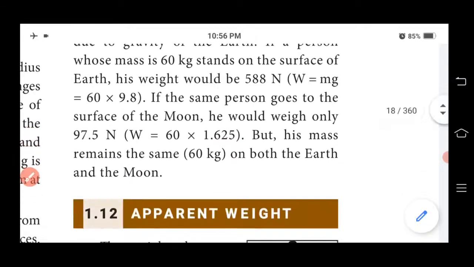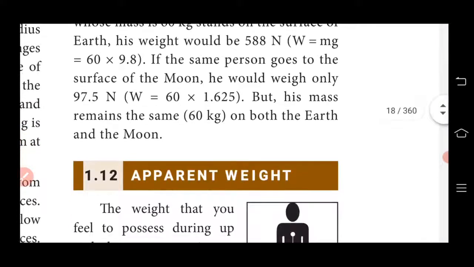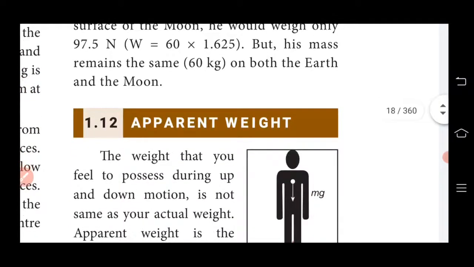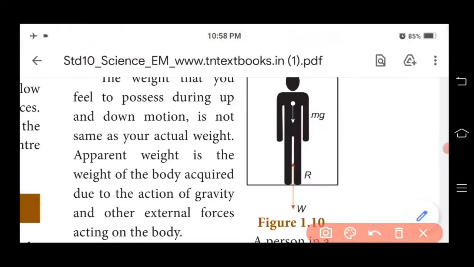Students, up to this we have seen in our last online class. Our today's topic is apparent weight. Apparent weight is the weight of the body acquired due to the action of gravity and other external forces acting on the body. This is the important word.